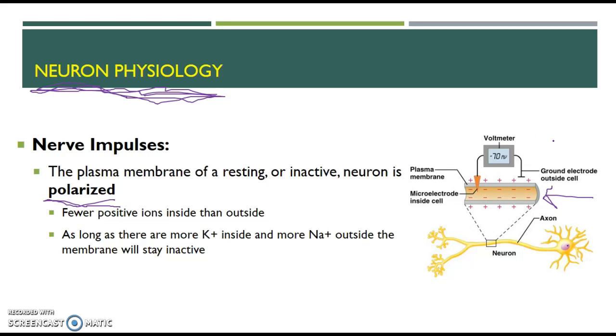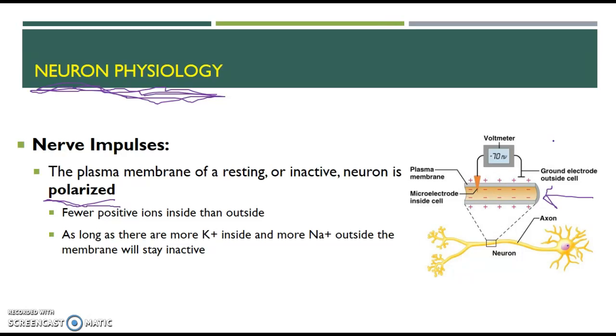And if you look on the inside, you're going to see that it is more negative than it is positive. Positive is going to be the outside charge. Negative is going to be the inside charge. So inside of that axon right there, it is negatively charged compared to the outside. And the two major ions we are talking about are sodium and potassium.